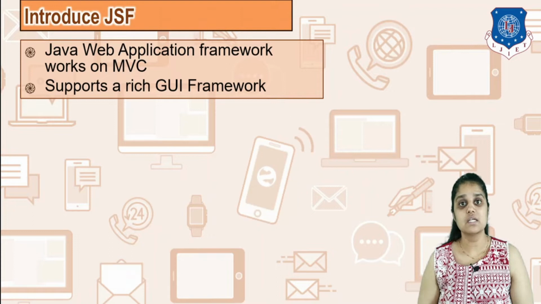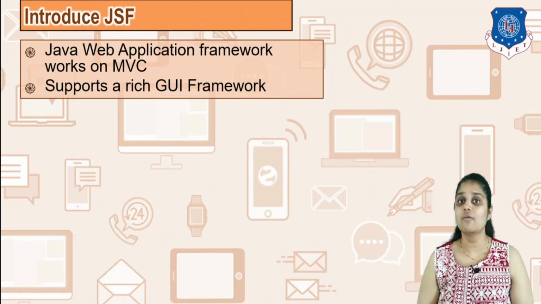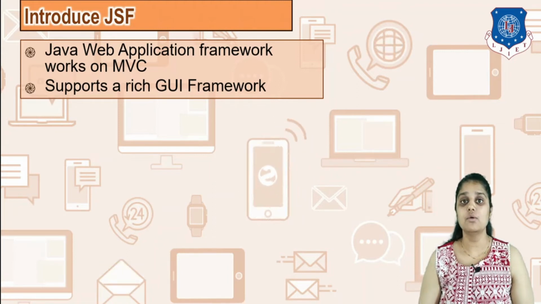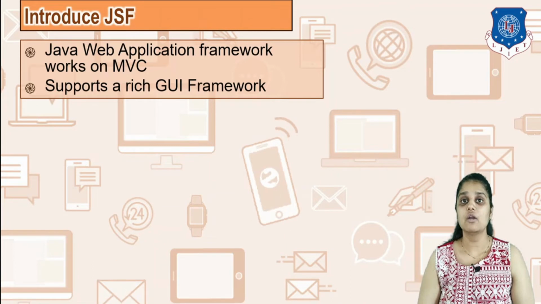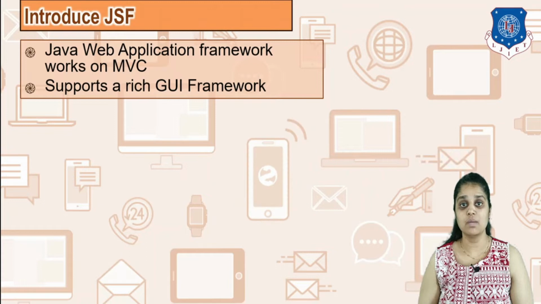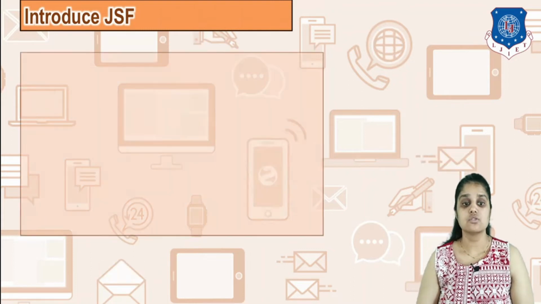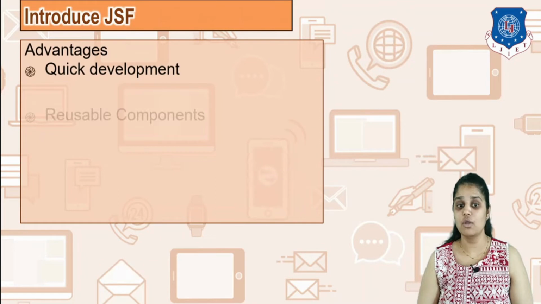So JSF is basically used for a rich GUI framework format apart from the MVC framework, which is going to help you to isolate your code, to find errors in your code and bifurcate your code, and keep your business logic in one place, view in a different place, processing in a different place and database in a different place. So you can bifurcate your things, you can have a rich GUI format, and it makes the application that you make very appealing.